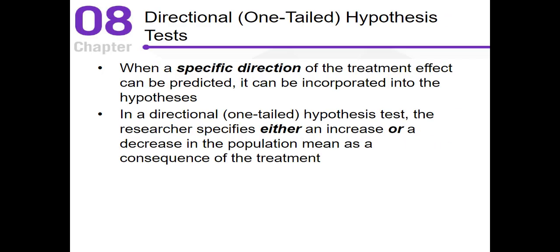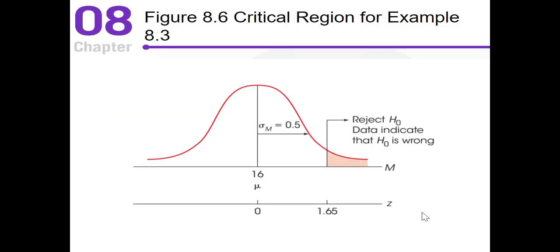When that specific direction of the treatment can be predicted, it can be incorporated into the hypothesis. So in a one-directional hypothesis test, the researcher is going to specify either an increase or decrease in the population mean as a consequence of treatment. So here's an example of that, the critical region, for example, 8.3.